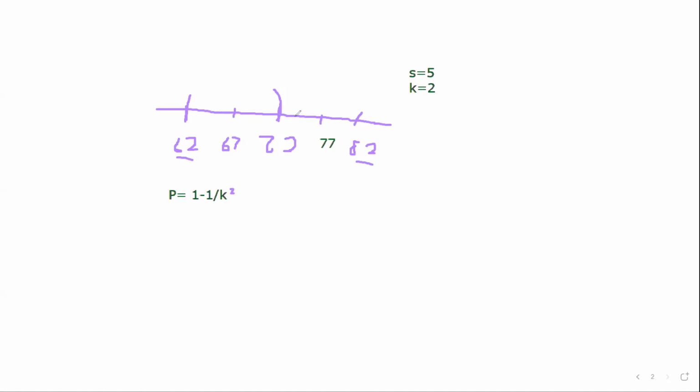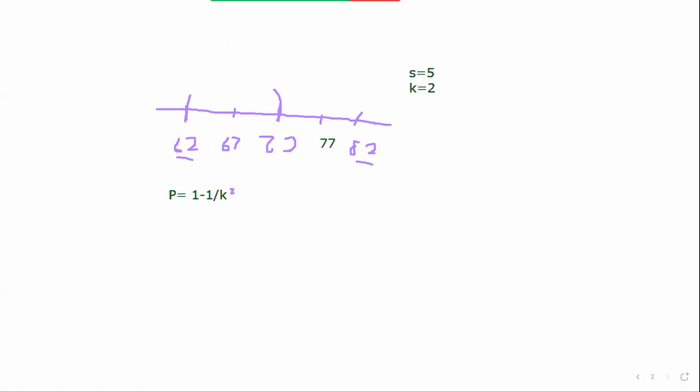We have a total of 4 of those, right? So now your K is 4, and if you do the percentage there, I think it comes out to over 90%.